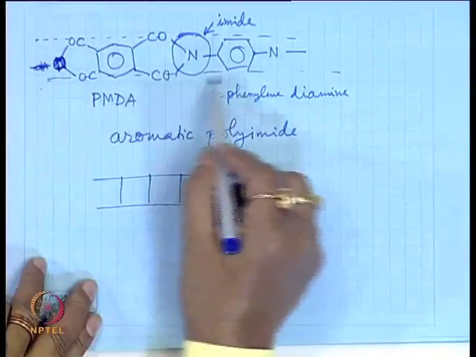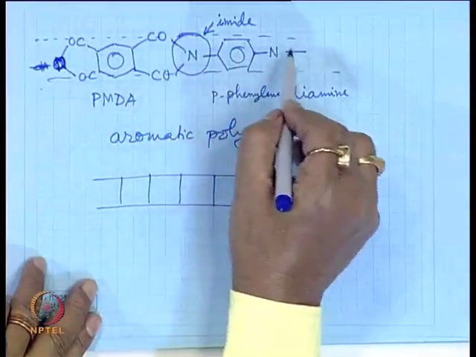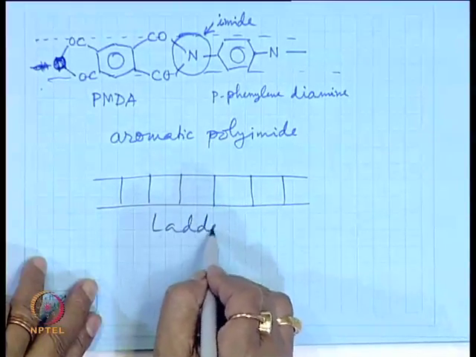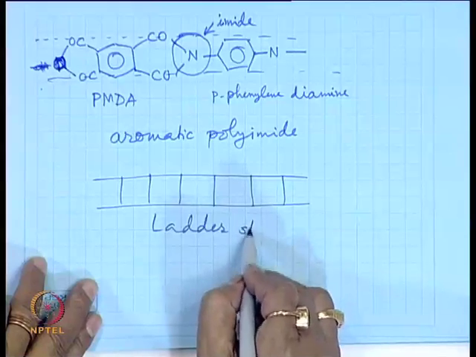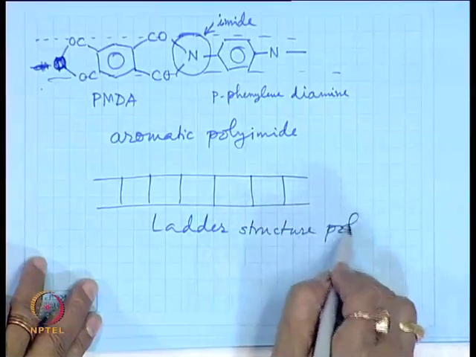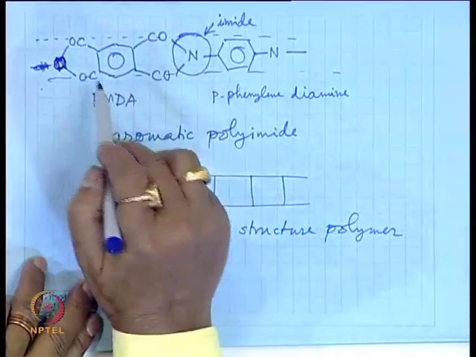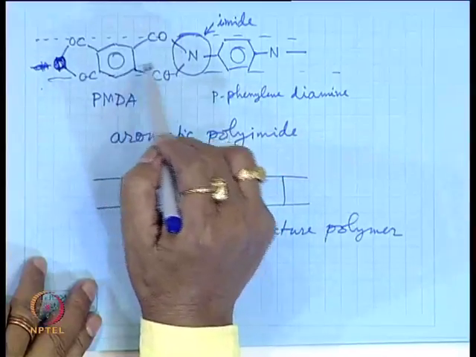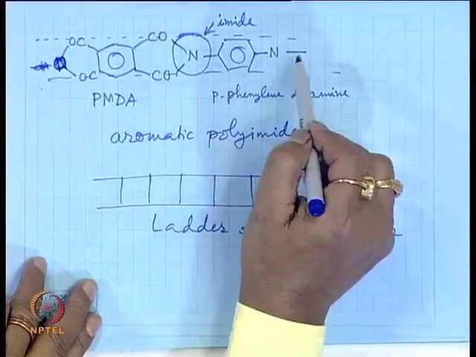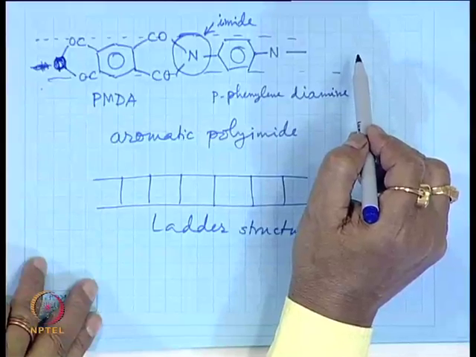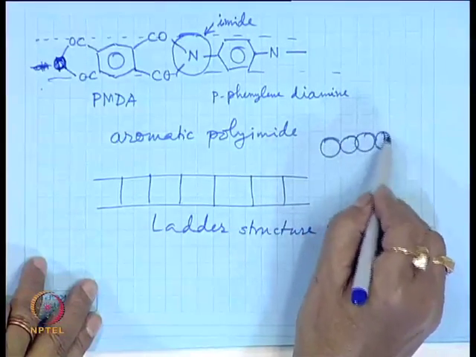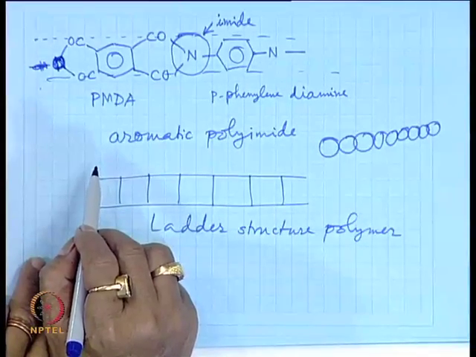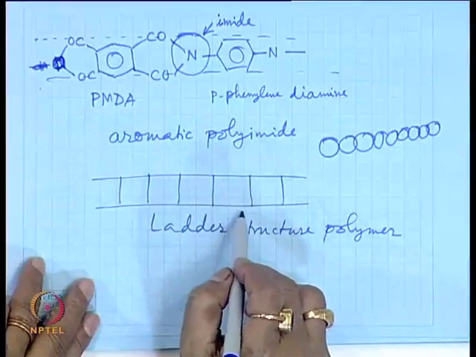This is a carbon chain, this is another carbon chain, and these 2 chains are interlinked. You see, this is a phenyl ring, followed by imide ring, followed by phenyl ring, followed by imide ring, followed by phenyl ring. Multi-strand polymer or double strand polymer.